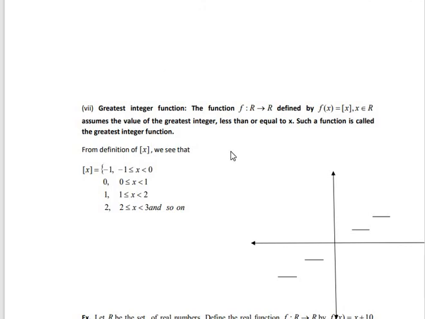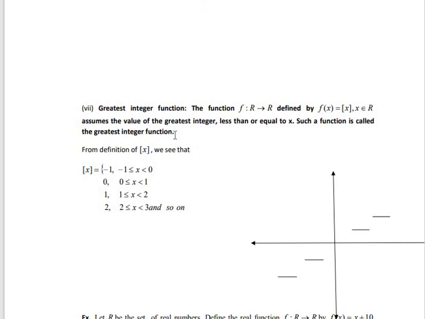Such a function is called the greatest integer function.